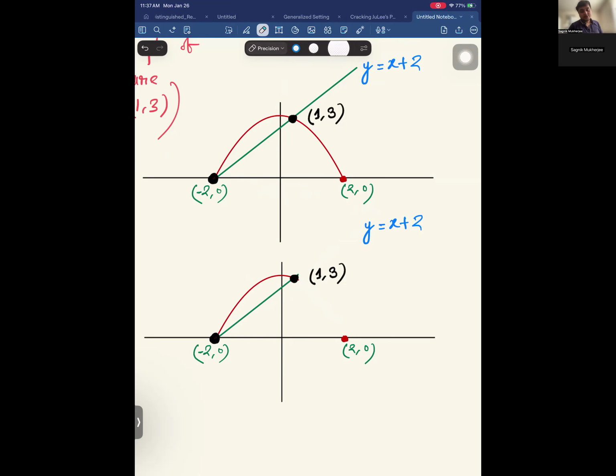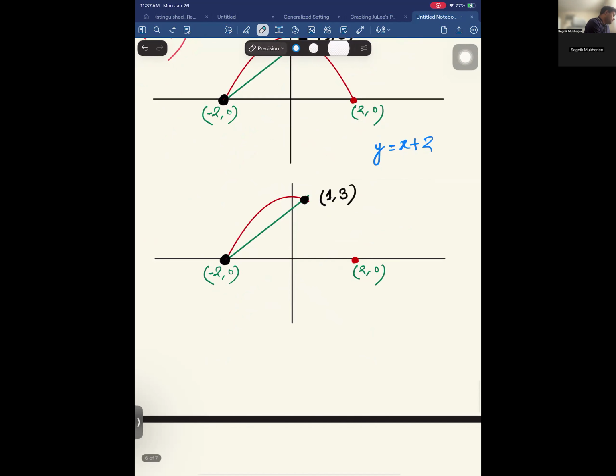So this is the region of intersection between these two curves, right? And now you are going to rotate it around the x-axis. So try to understand what kind of object you will get. It will be a hollow object, right? Because this is the region that you are rotating.